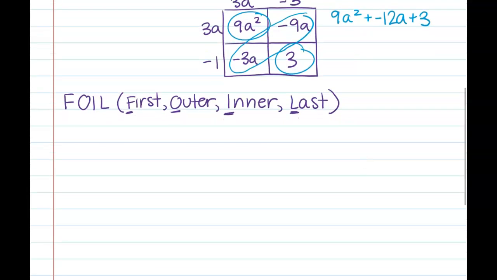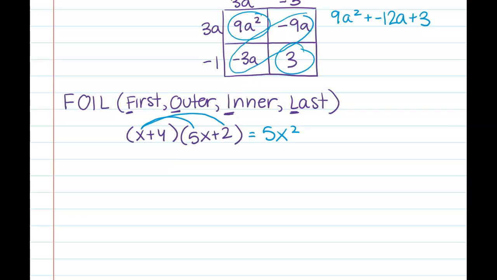All right, so let's first look at x plus 4 times 5x plus 2. So first is the first term times the first term, x times 5x, which is 5x squared. The outer is like the x times the 2. They're both on the outside.